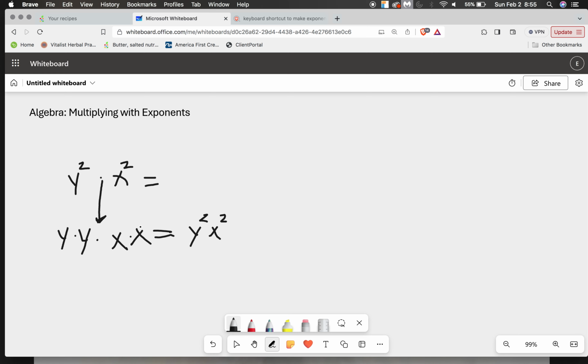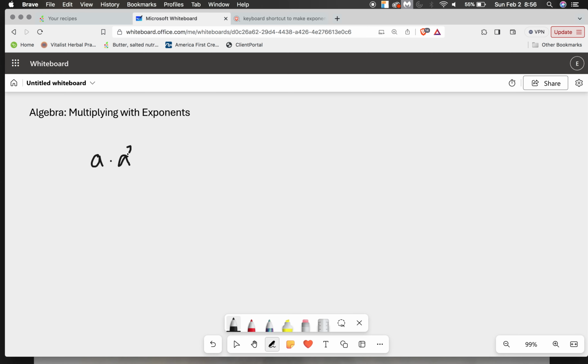So that's multiplying two different factors with exponents. You can do the same thing with this one. Now this one's going to be a little bit tricky, but you know how to do it. Alright, a times a squared.